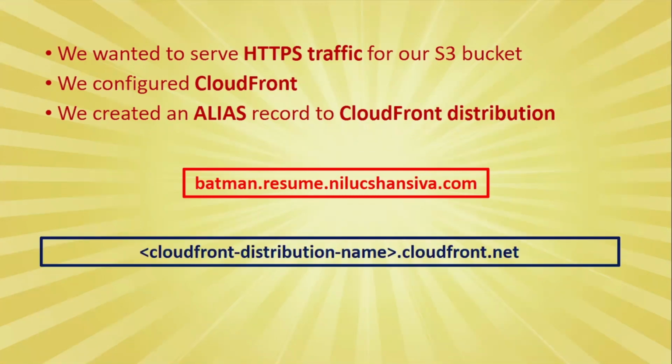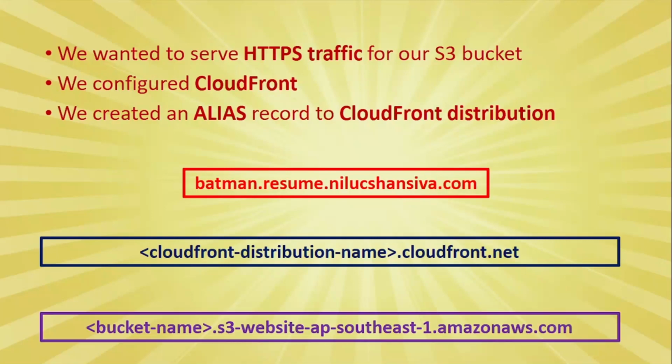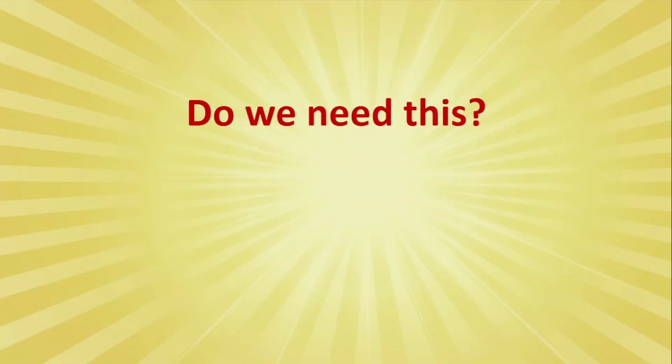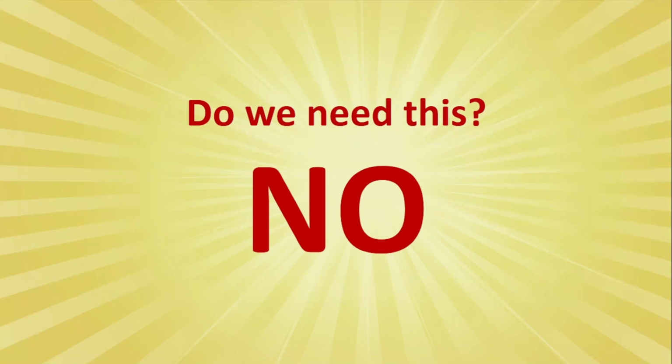The CloudFront distribution has its own mechanism to distribute our S3 content around the globe. So the answer to this question is no. Then why I showed you that was, you might be a person who just wants to serve your S3 content through your custom domain. You might not want to have HTTPS. In this case, having your bucket name the same as your domain name is mandatory.